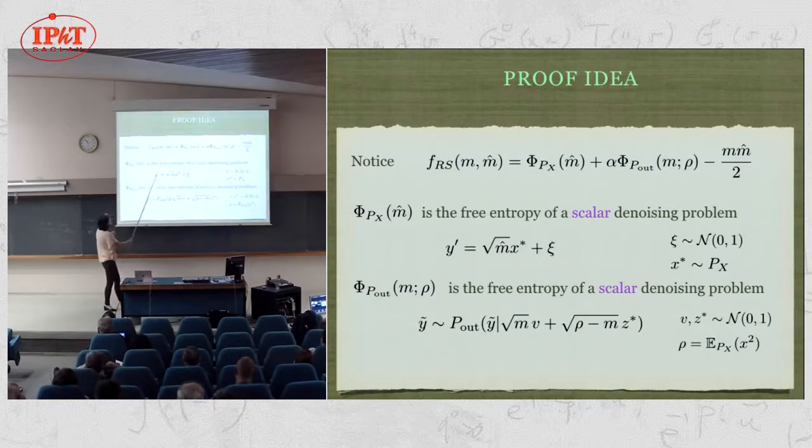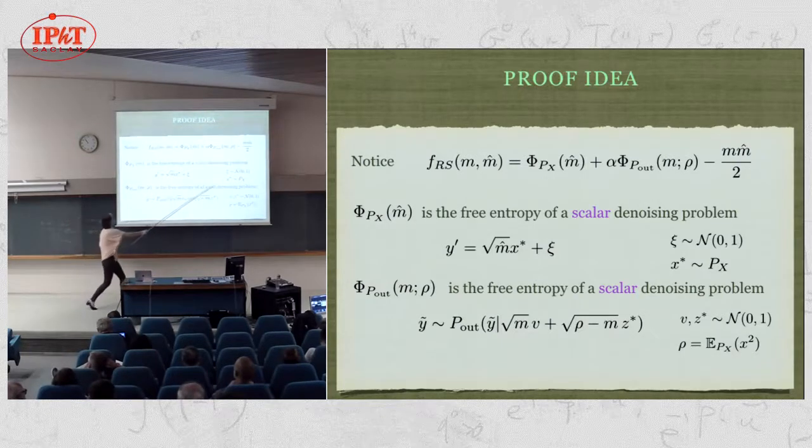So I generate y star, and then I need to compute the free entropy of how to estimate x star back from y star. So I generate a scalar random variable, I multiply it by a constant, I add a noise, and then from the result I want to find it back. So everybody who understands the basics of Bayesian probability can write the integral that corresponds to that free entropy, and that's precisely that formula.